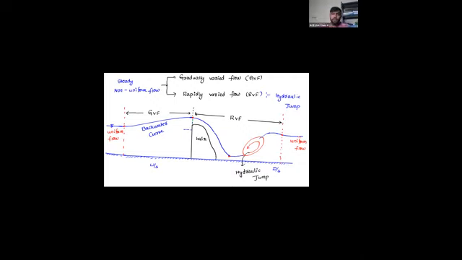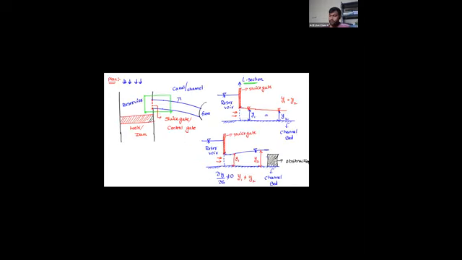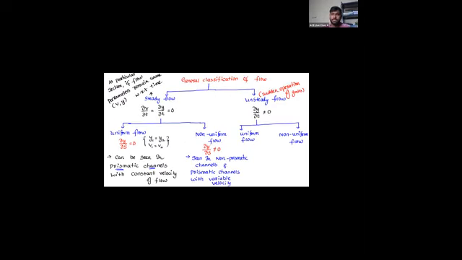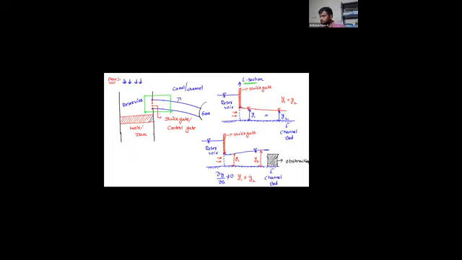Okay, I hope you understood the meaning of steady non-uniform flow and steady uniform flow. Now let's go back to the unsteady state. Coming to the unsteady state, what is the meaning of unsteady flow?